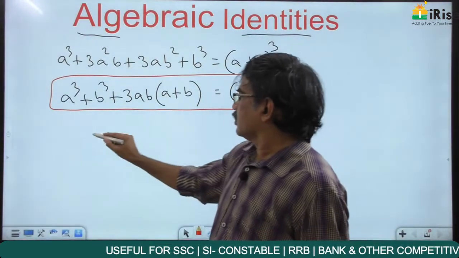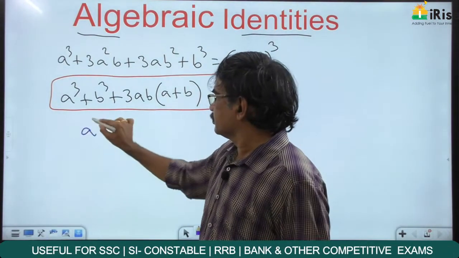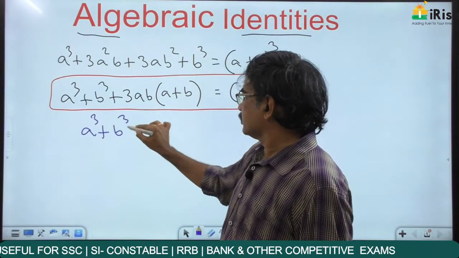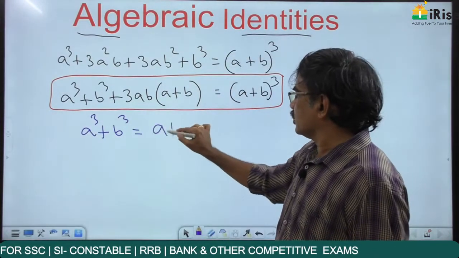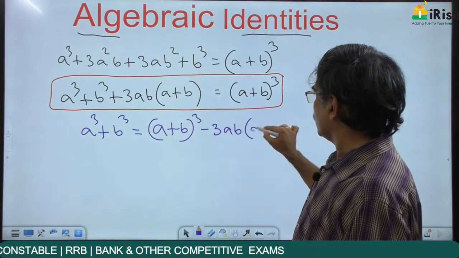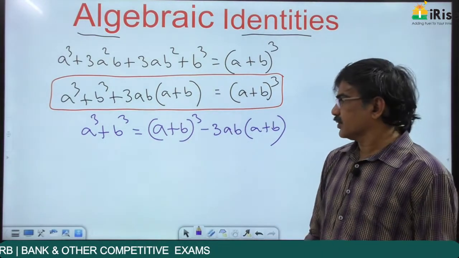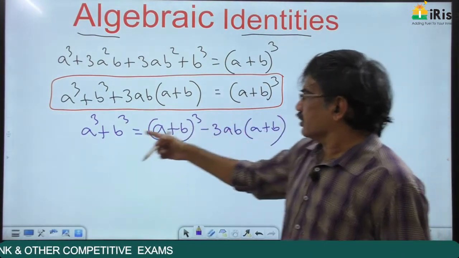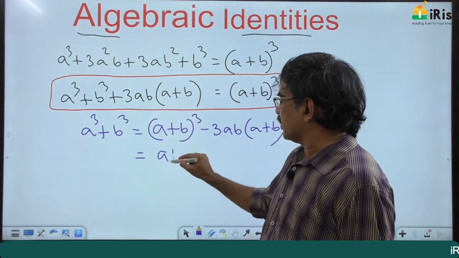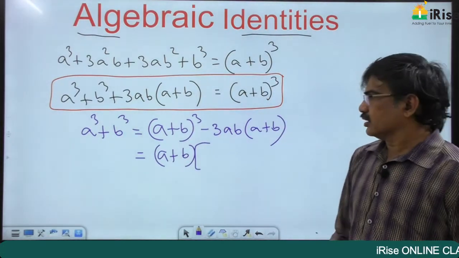And what is the formula for a cube plus b cube? This is equal to a plus b whole cube minus 3ab into a plus b. Just transfer it to the right side. And this can also be written by taking a plus b common. Then what we get?